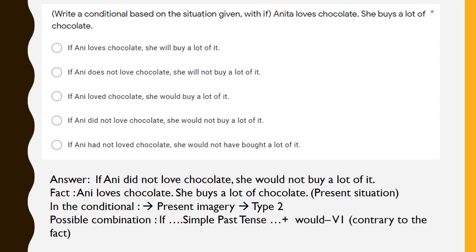She buys a lot of chocolate. It is a present situation. So in the conditional form, it is only present imagery or type 2. Therefore, the possible combination is if simple past tense combined with would verb 1, or contrary to the fact.